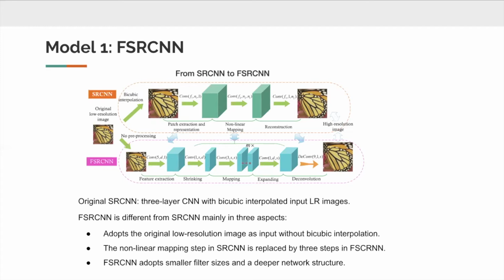The long linear mapping step in SRCNN is replaced by three steps, which perform reduction of the feature space by shrinking, followed by a mapping layer, and finally recovery of the high resolution image feature space dimension by expanding. The FSRCNN also adopts smaller filter sizes and a deeper network structure. These improvements provide FSRCNN with matching performance, but lower computational cost.